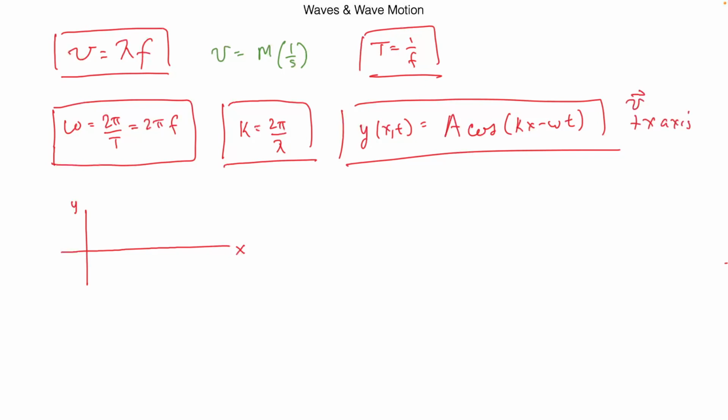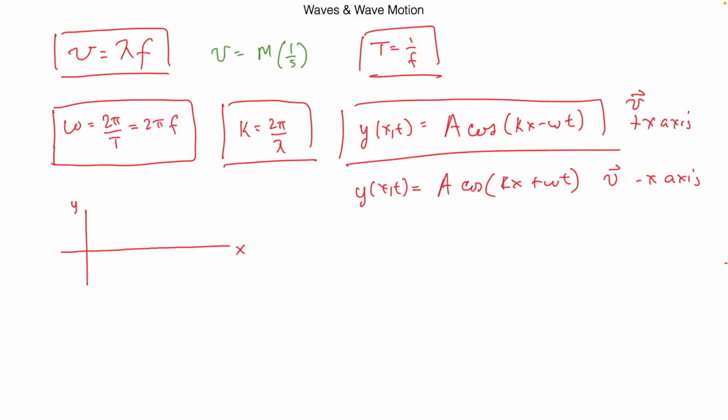Do you want to take a guess as to what the function looks like if it's traveling to the left? I am not responsible for the properties of mathematics in this universe.